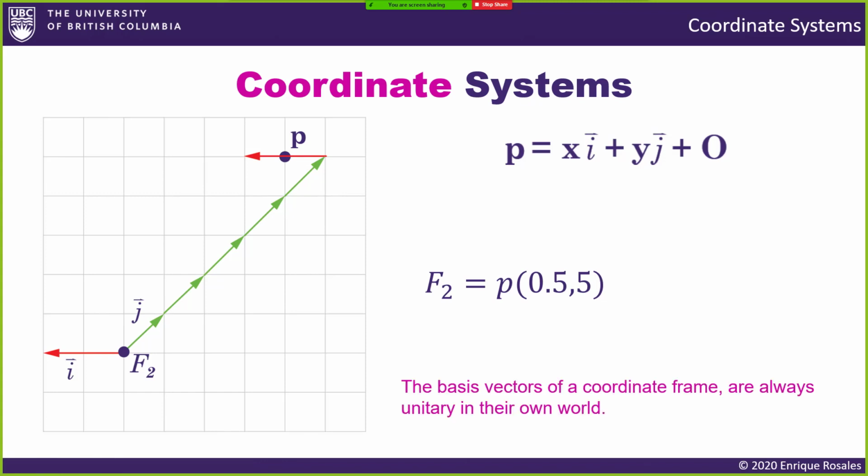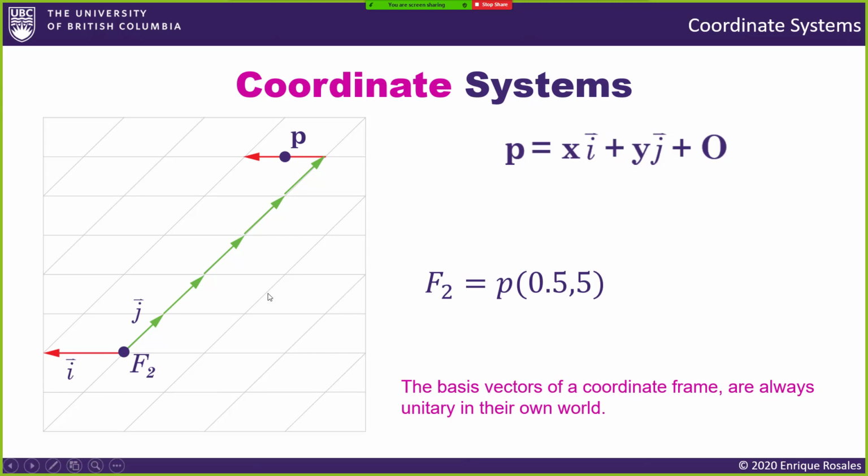The thing is that the basis vectors of a coordinate frame are always unitary in their world, and their world is basically the grid. This grid is not exactly the grid from this coordinate frame, because in reality a coordinate frame distorts its own world, its grid. So this would be the actual grid from this coordinate frame. We can see again that we need to multiply the j vector 5 times, and this is half of the entire length of the i vector.